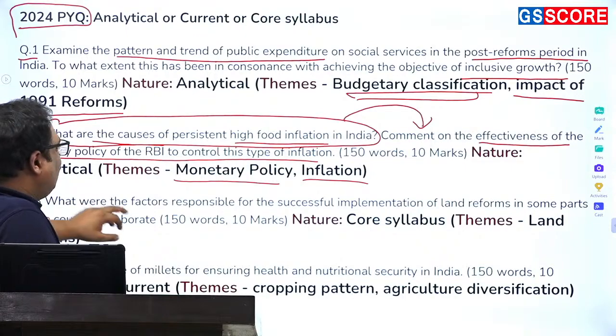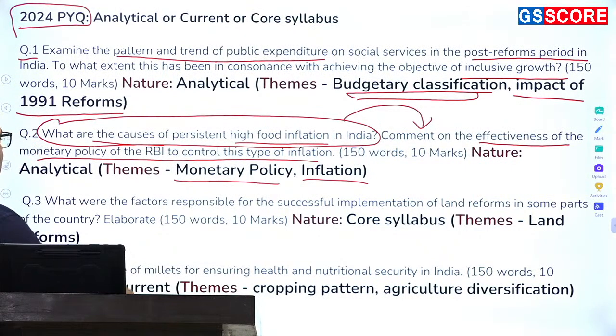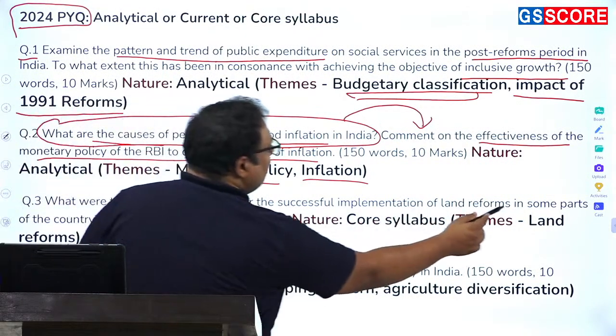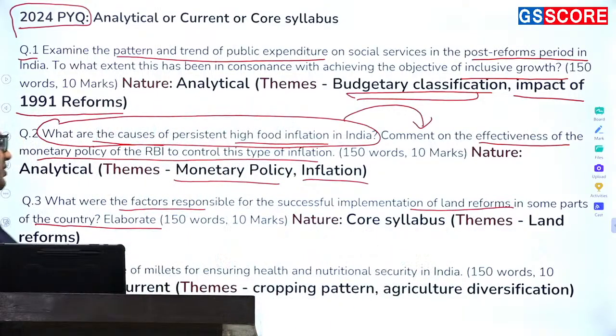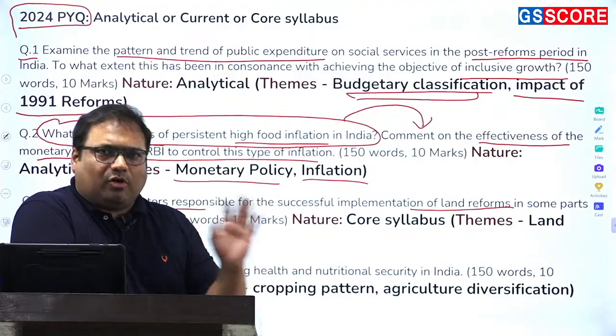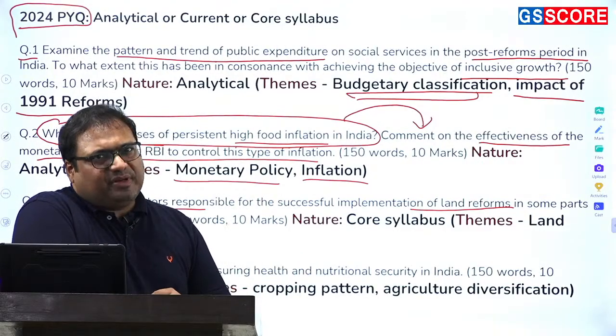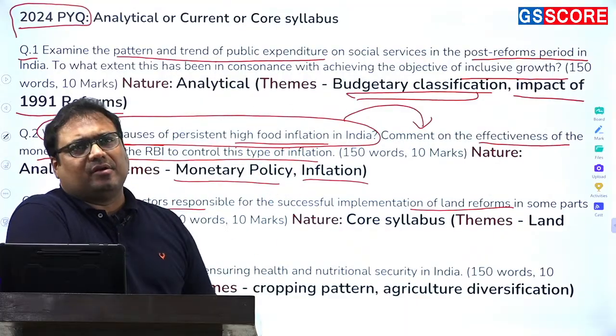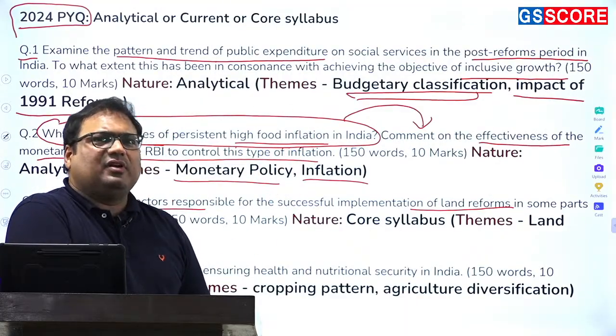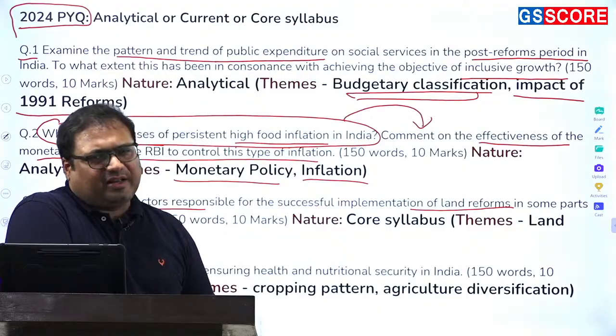Next, what are the factors responsible for the successful implementation of the land reforms in some parts of the country? Elaborate. So this is purely a historical question, syllabus based question, and it is a question from our planning period, and it is directly given in the syllabus in the area of agriculture as well.